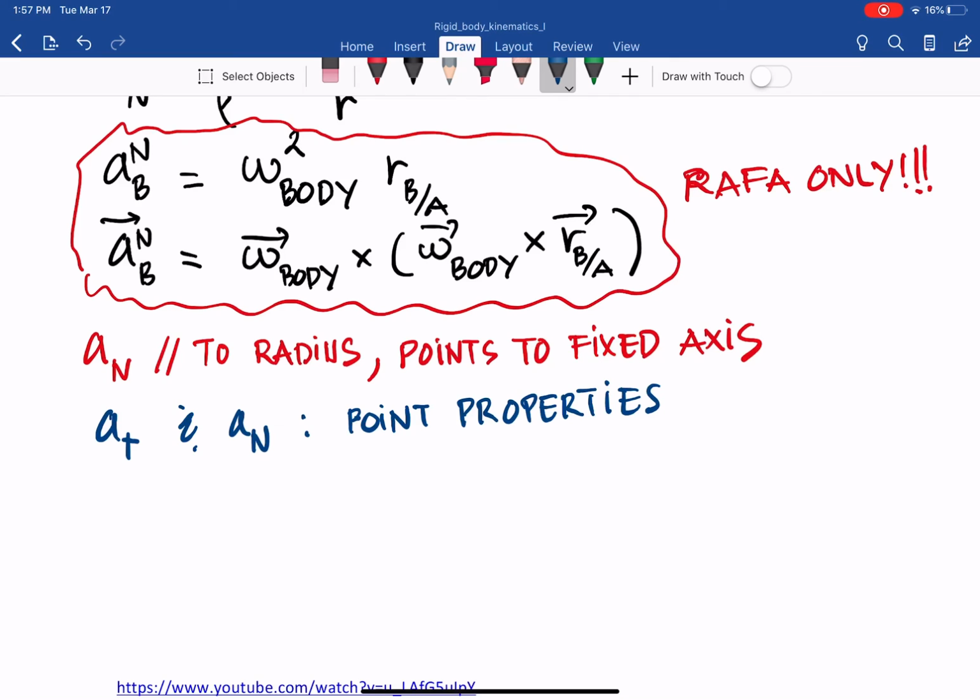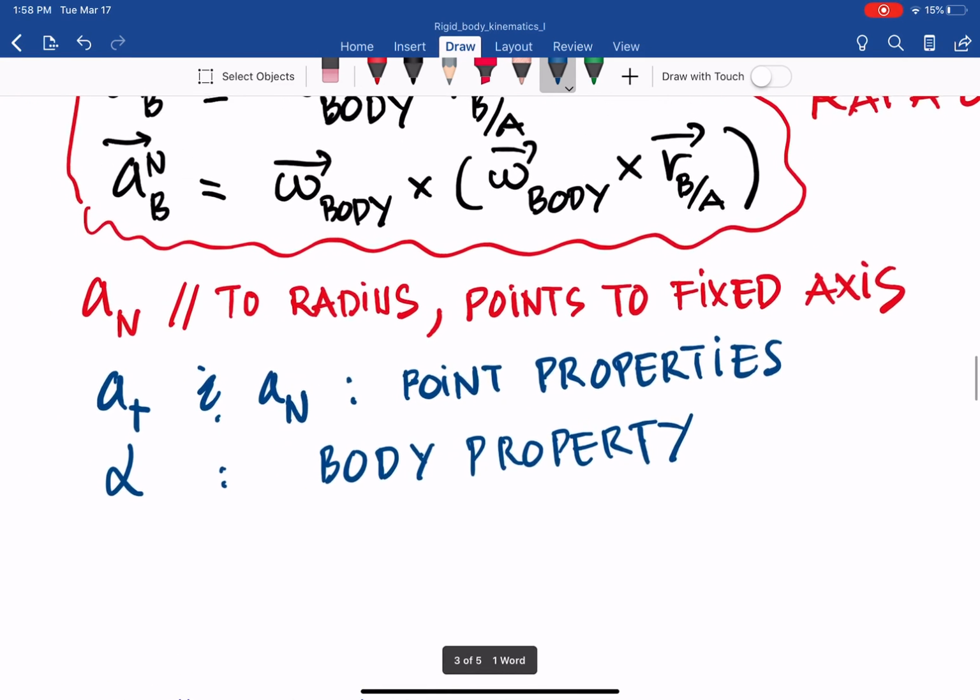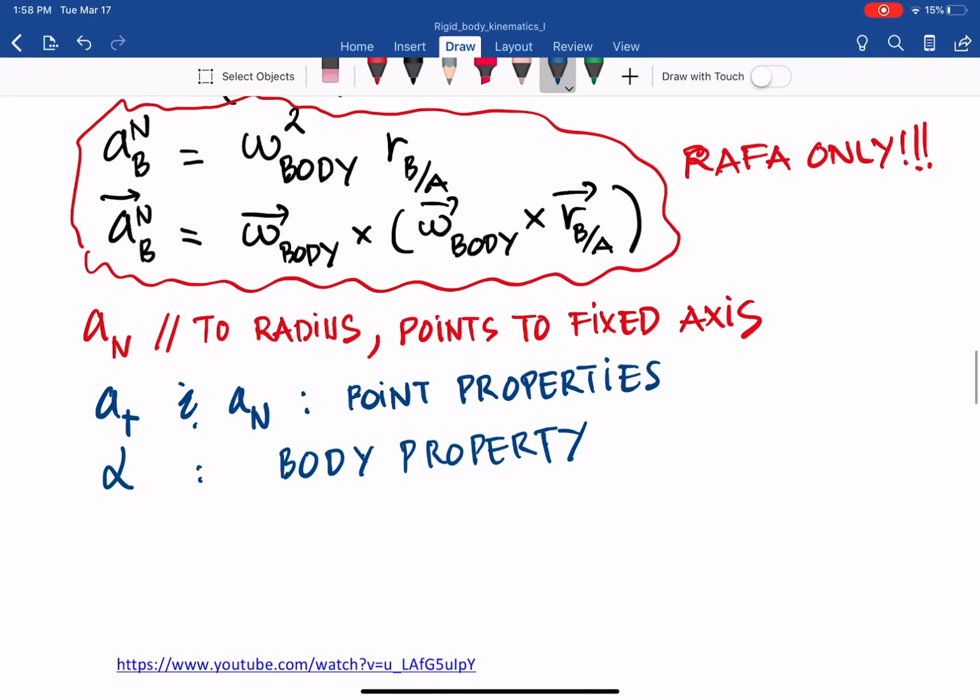And then the alpha, like omega, is a body property. Any point on the body will have the same body properties. Any point on the body has different point properties. Keep that in mind.